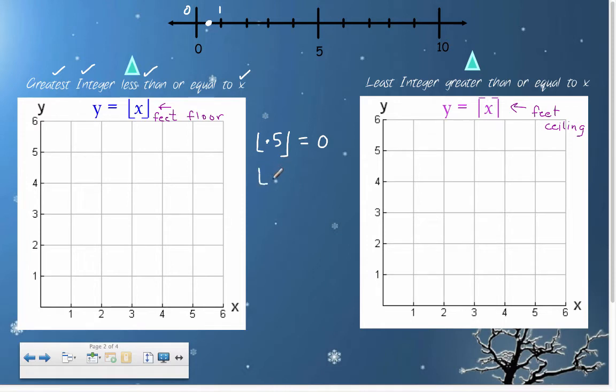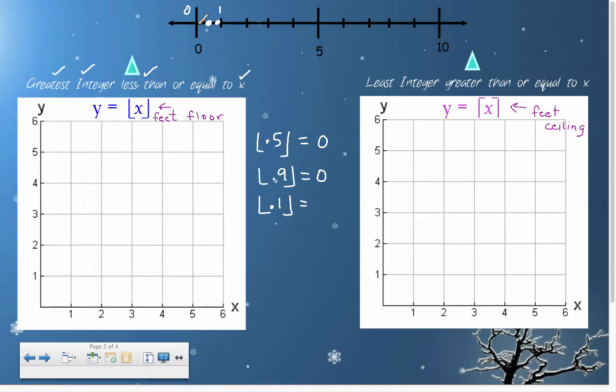How about if I put in 0.9? Its answer is 0. Here's 0.9. So which one of these, 0 or 1, what's the greatest integer that's less than 0.9? 0. How about if I put in 0.1?